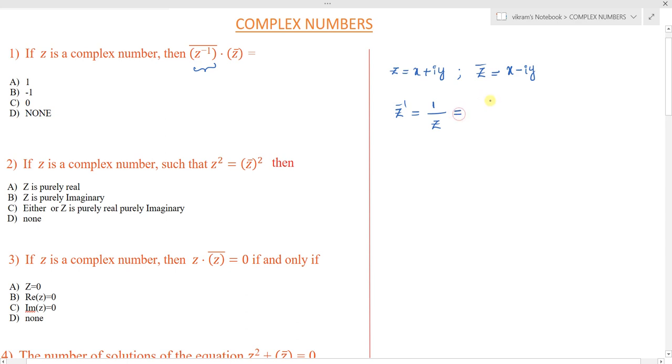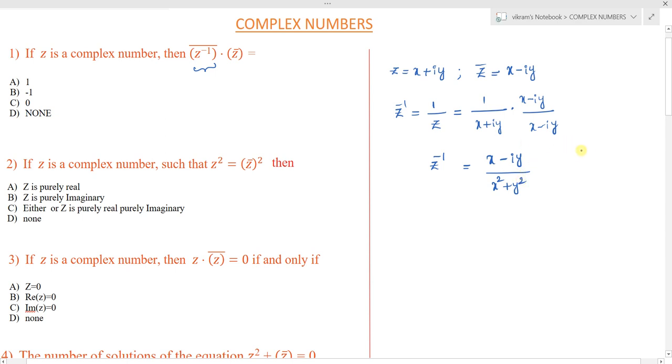How to find the multiplicative inverse of a complex number? It is 1 by x plus iy. So directly use the formula or rationalize with x minus iy by x minus iy. Then we get the multiplicative inverse of z as x minus iy by x plus iy into x minus iy, which is x minus iy by x square plus y square.